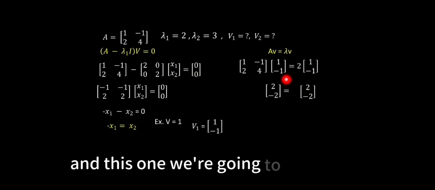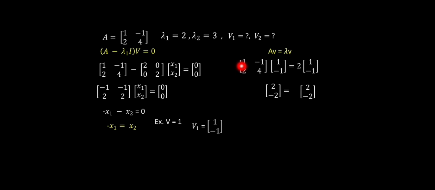Then for this one, positive 1 times positive 1 is positive 1, plus -1 times -1 is positive 1, so 1 plus 1 is 2. Then 2 times 1 is 2, and 4 times -1 is -4. 2 minus 4 is -2. So our matrix and vector are correct.